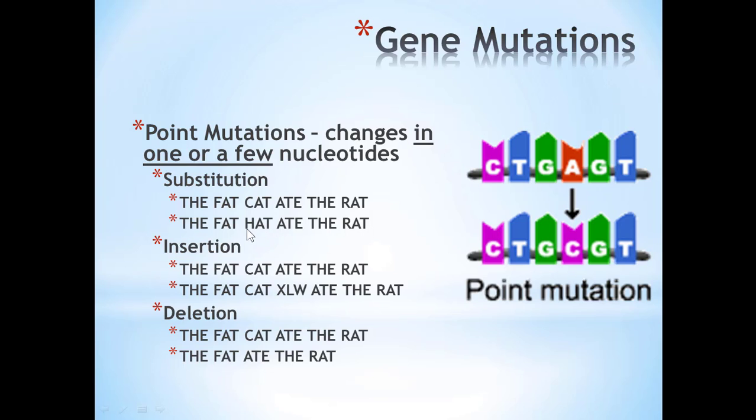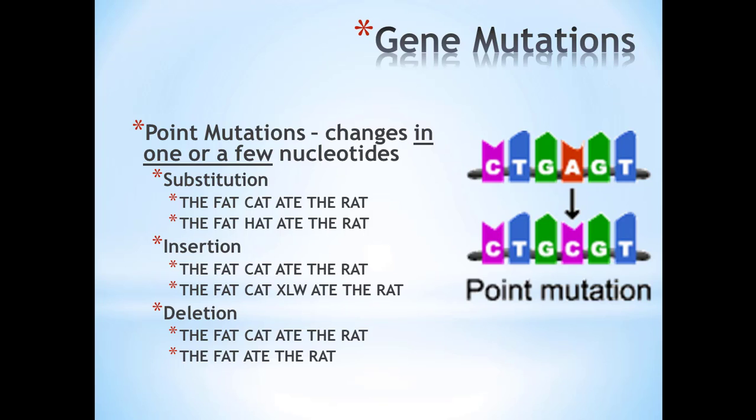How can a hat eat the rat? That is the question. You see, what is the difference? In such a way, there are types of mutation which may happen in an organism. It is insertion, when unsuitable letters are added.